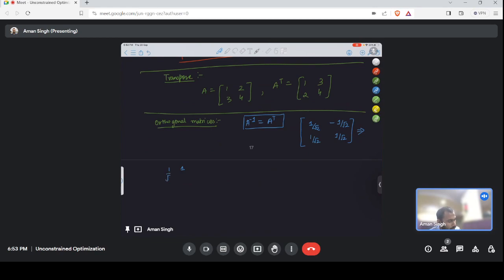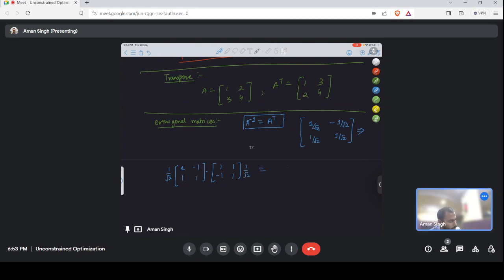1 by root 2 I'll take out common: 1 minus 1 1 1, and I'll multiply it with A transpose. Let's say A transpose will be again 1 minus 1 1 1 times 1 by root 2.